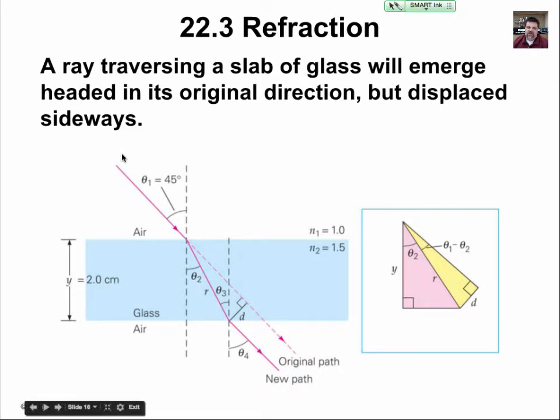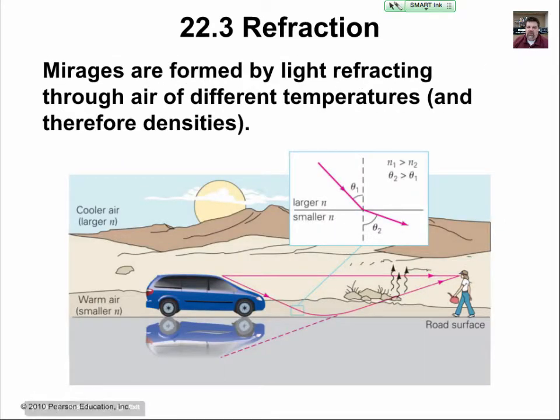If you applied Snell's law twice, you have an angle of incidence that comes in this way, and then mathematically, based on the change in the indices of the mediums, it gets bent towards the normal. But some light does pass through, which is the original path and the new path. And so the interference patterns kind of separate it into different colors. That's how a prism works.